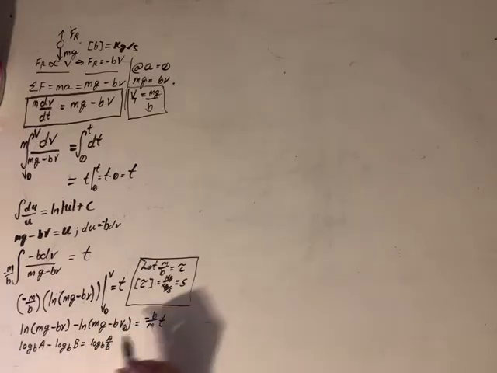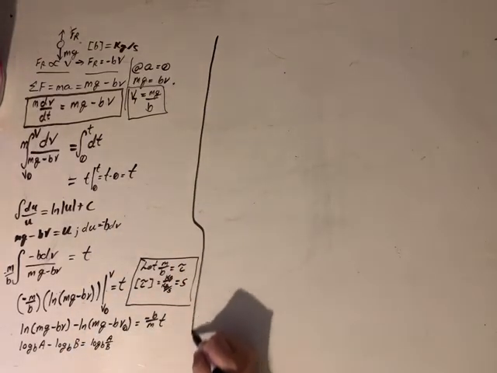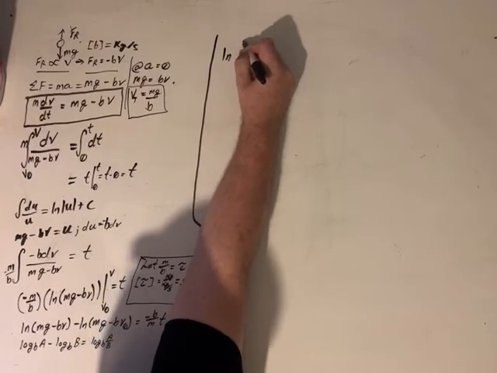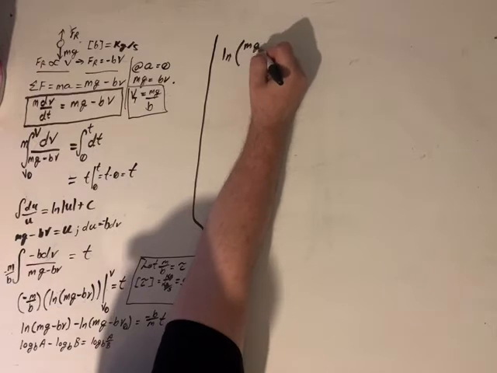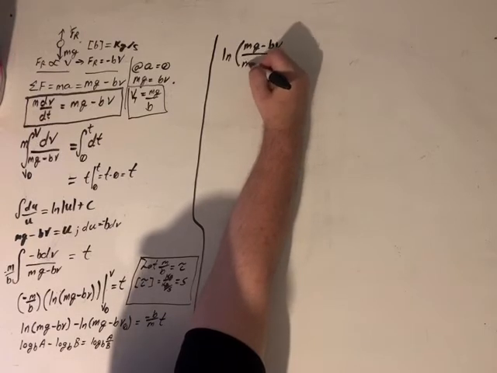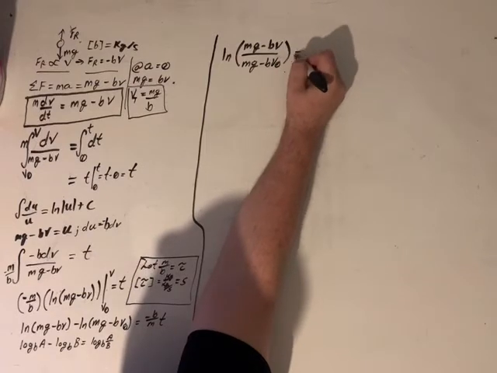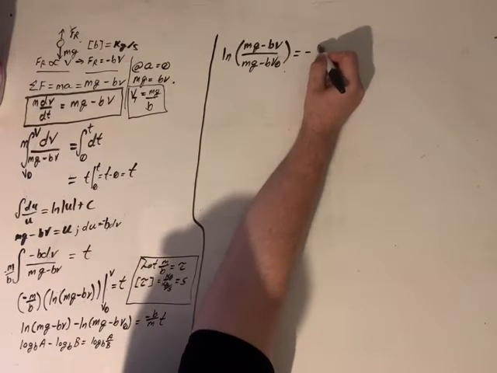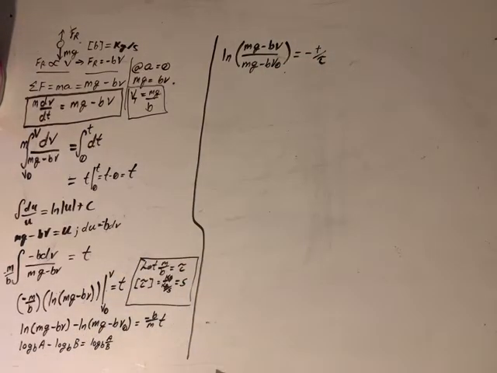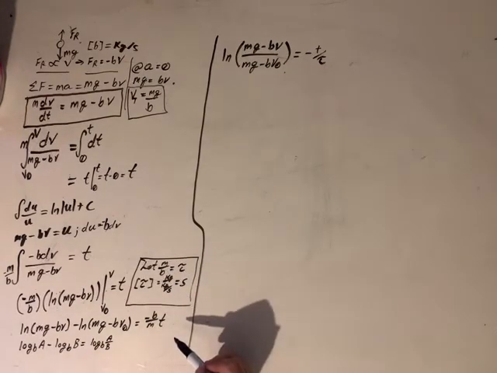So I can rewrite this as natural log of mg minus bv over mg minus b v sub 0 equals negative t over tau. If m over b is tau, then negative b over m is negative 1 over tau.